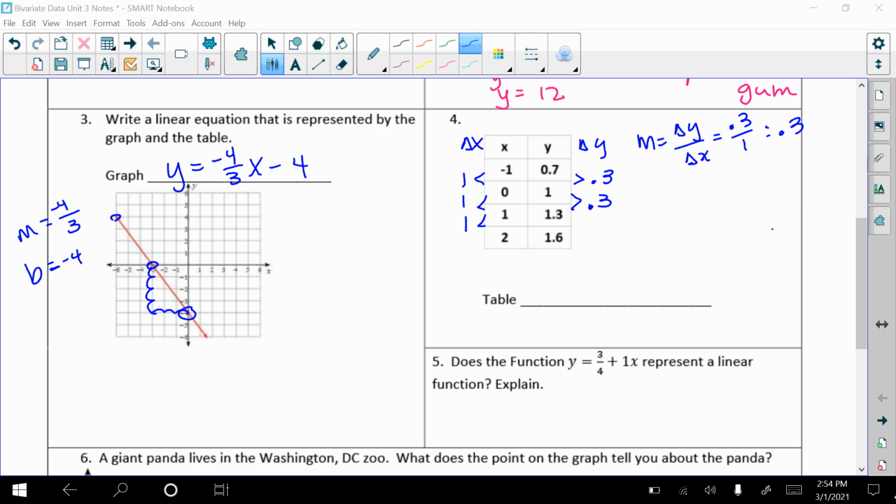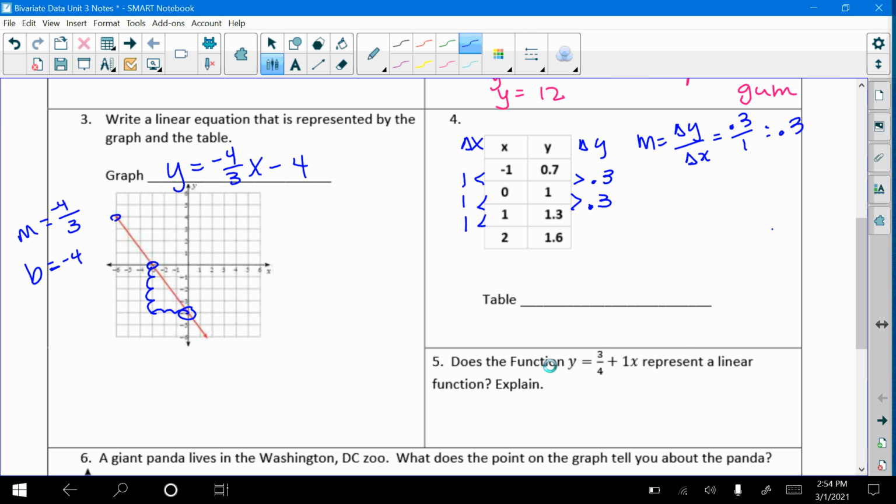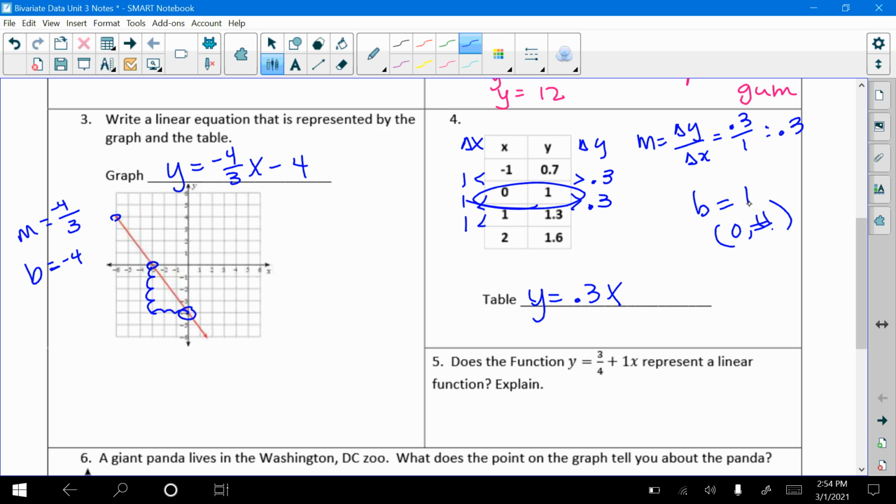So y equals 0.3x, that's my slope. And then I need to find the y-intercept. The y-intercept is the value of y when x equals 0. So I need a zero-sum number, and here's my zero-sum number. It's going to be 1. So plus 1.